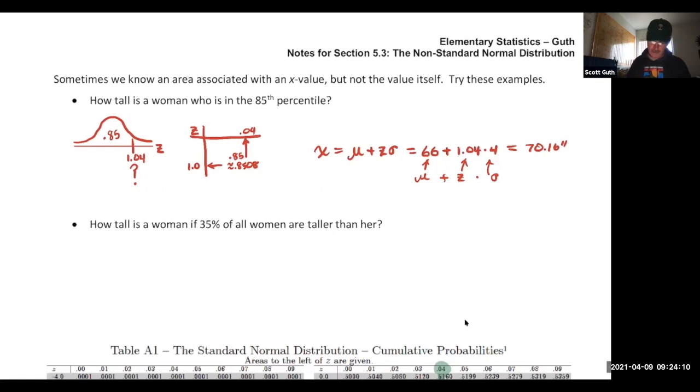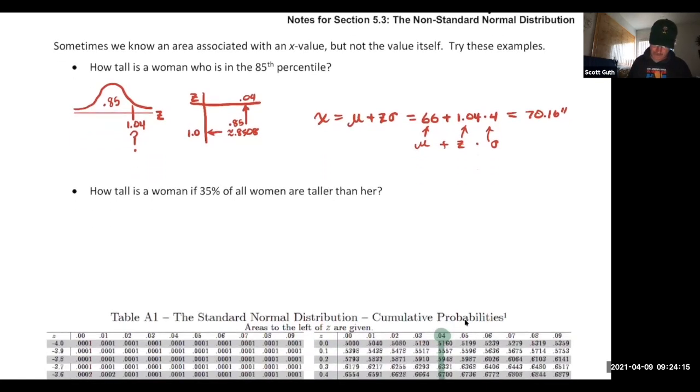This one's slightly different because here it says that 35% of women are taller than the next lady. So we don't do areas to the right on these distributions. We need the area to the left.